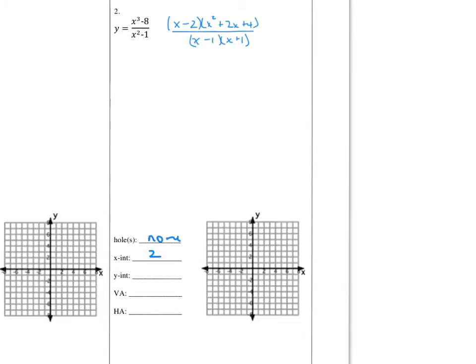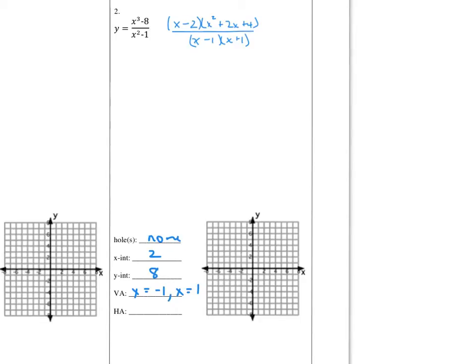All right, and then we can move on to our y-intercepts. Notice if we plug in 0 for x, we would end up with a negative 8 over negative 1. So we're going to have a y-intercept at 8. Vertical asymptotes, we can see that we're going to have 1 at x equal to negative 1 and x equal to 1.